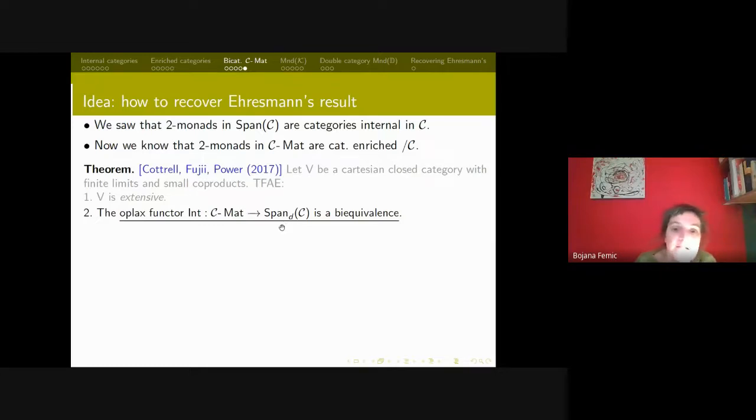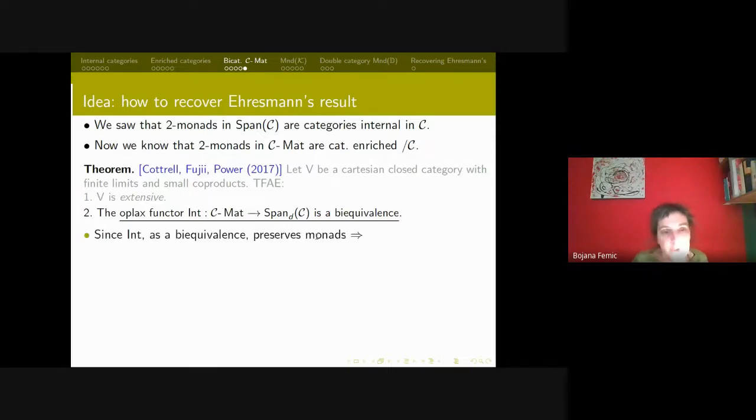So that in this way, we have a sub-bicategory of the whole bicategory of spans. Okay, so they proved that under certain conditions, we have a biequivalence between the bicategories of CMAT and discrete spans in C. Okay, so I want you just to have heard this result.